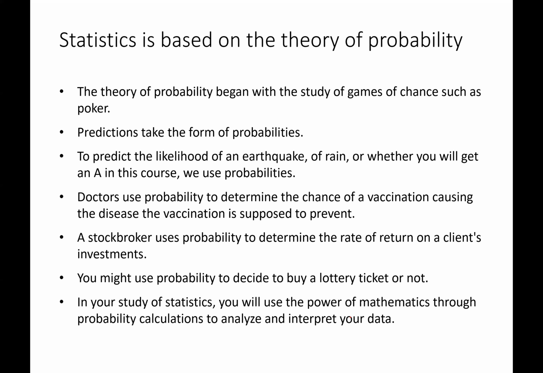To predict the likelihood of an earthquake, of rain, or whether you will get an A in this course, we use probabilities. The probability of rain this morning was 65%. I don't think it rained. That simply means that on a day with these particular conditions, 65% of the time it rains.